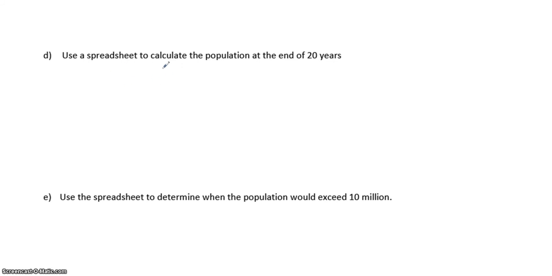So here, the idea is we want to use the spreadsheet to calculate the population at the end of 20 years. Well, this is really just a matter of finding P20. Now, one way we could do it is to do what we were just doing by hand, 20 times. That gets a little bit tedious, obviously, so we're not going to do it that way. And that's going to suggest using the spreadsheet.